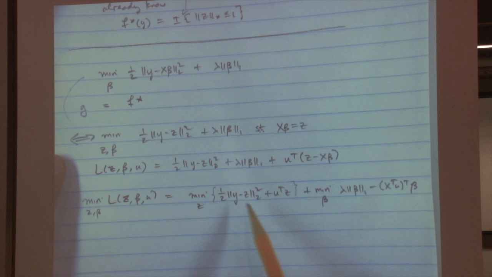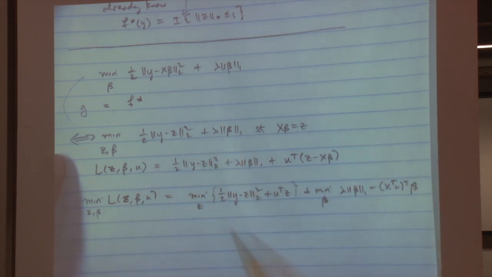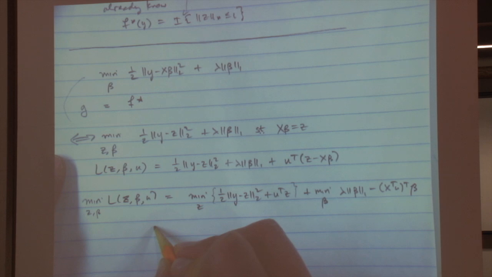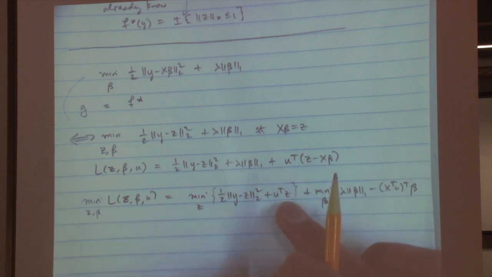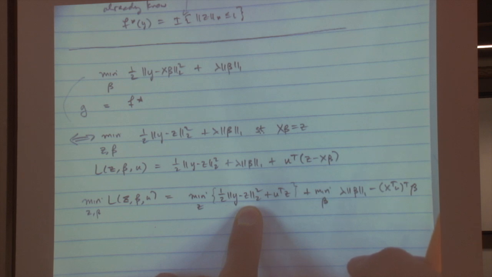I would just take its gradient and set it equal to 0, and then remember that magical rule. And the minimizer here is going to be y minus u, right? Yeah, that's right.